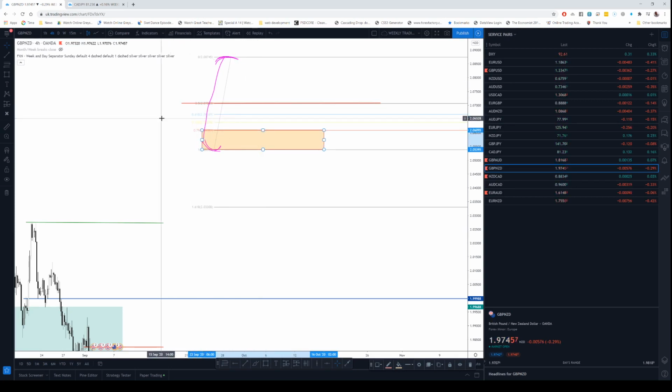There could be lots of wick rejection. It could be anything, but you want to be buying below 50%. Let's say we are on the monthly chart.